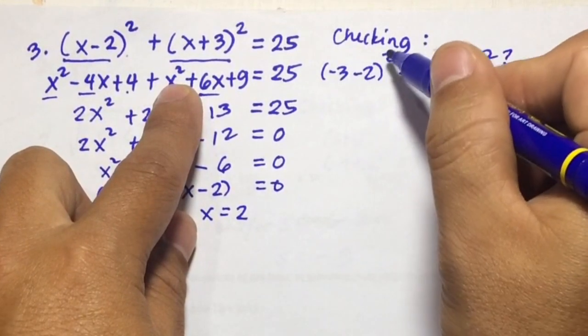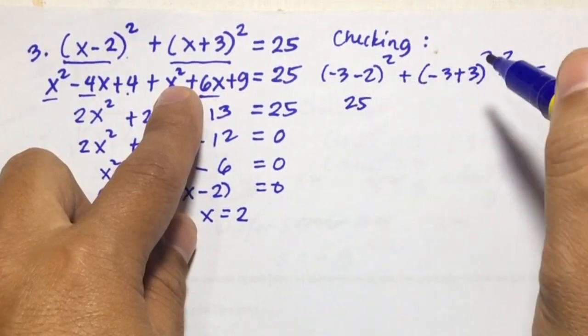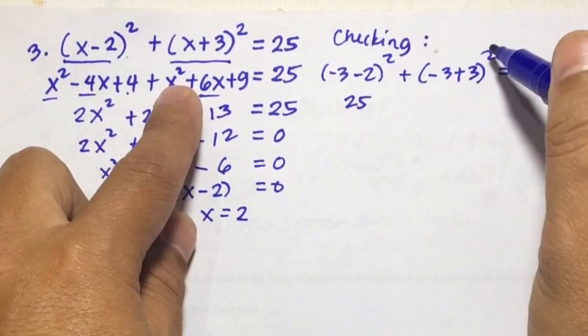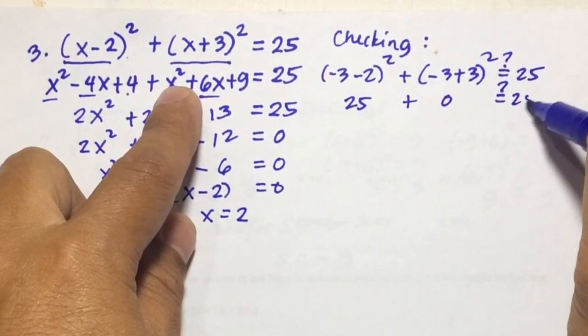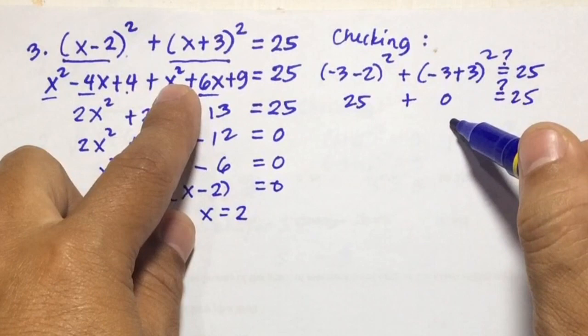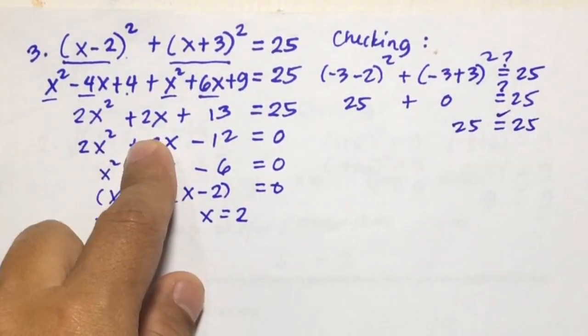So negative 3 minus 2 squared is negative 5 squared, that's 25. Then negative 3 plus 3 is 0 squared is 0, equals 25. Then 25 plus 0 is 25, so you're going to have the correct answer.